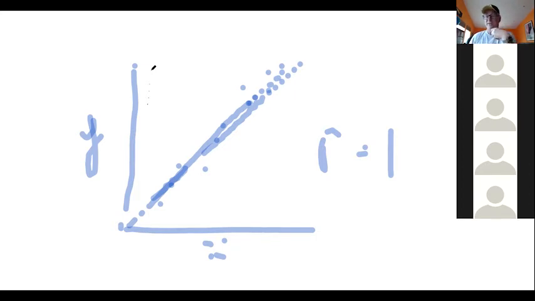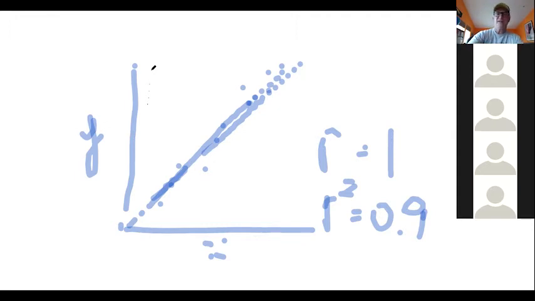Very rare you're going to have data that good. So we don't even plot R. What we do is we square R, and what we're looking for is an R squared greater than 0.9 generally. Anything greater than 0.9 sort of tells us that the equation we've used to fit all this data is probably the right one to use.